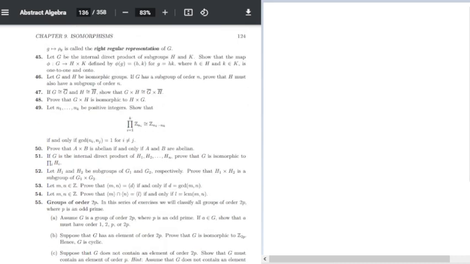Let G be the internal direct product of H and K. Show the map phi from G into H times K, defined by g equals hk, is one-to-one and onto.